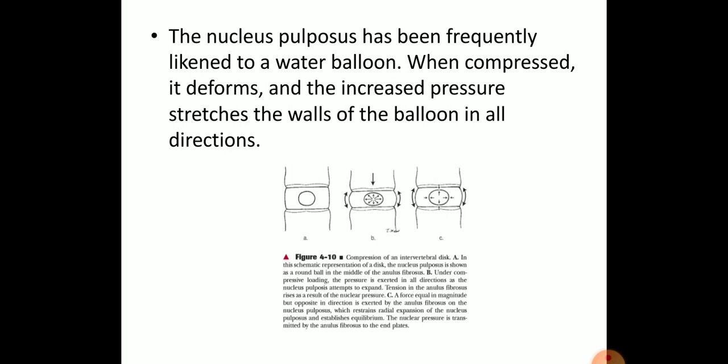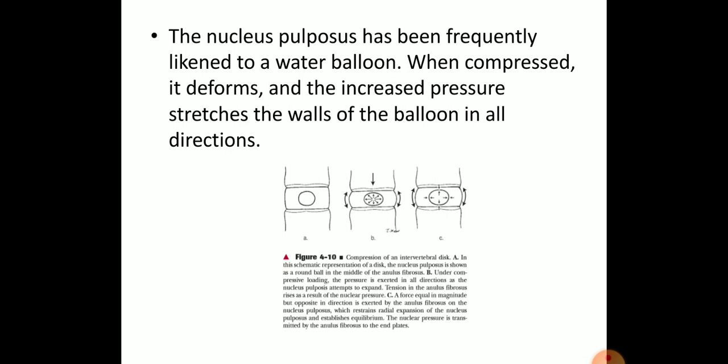So we can compare this nucleus pulposus with a water balloon. When we compress it, it deforms to increase its surface area, and when we keep pressure on it, it will stretch its boundaries to increase the surface area and reduce the compressive forces.